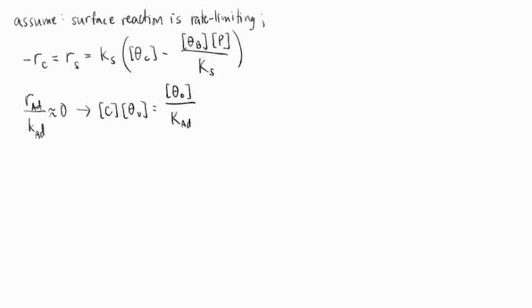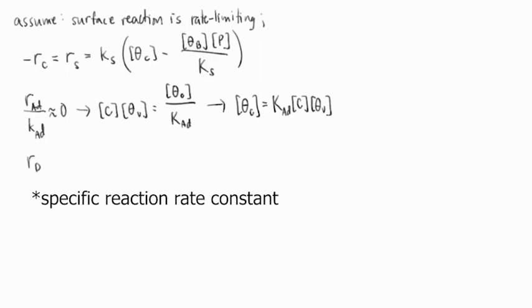Coming from this equation, we now have the expression for the concentration of the active sites containing cumene, that is equilibrium constant for adsorption times the concentration of cumene times the concentration of the vacant active sites. Next, for the desorption side, we then say that the rate of desorption divided by the specific reaction rate for desorption is equal to 0.